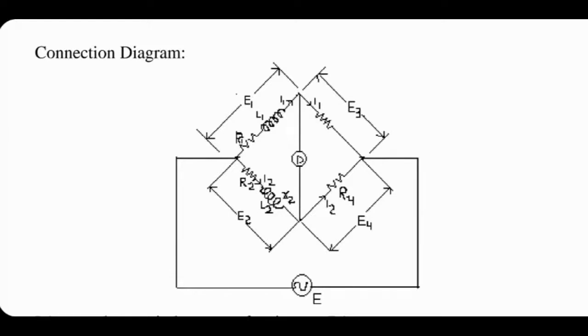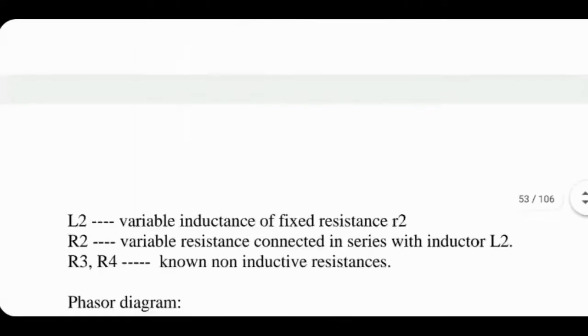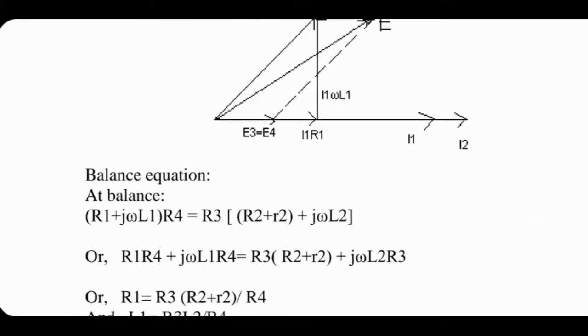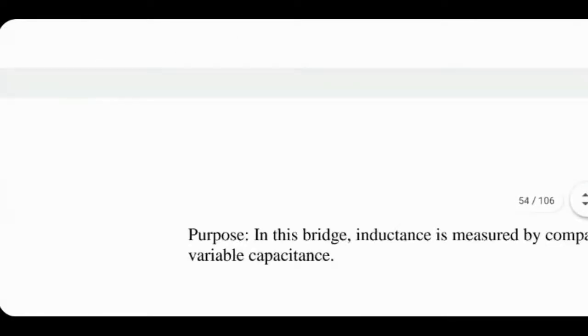Wherever we saw resistors in the derivations, now we will see impedances. That's it. So basic theory doesn't change. The only thing is the equations now involve complex numbers. So remember that AC bridges are generally a suitable modification of DC bridges. DC bridges are used for resistance measurement, AC bridges for inductance and capacitance measurement.